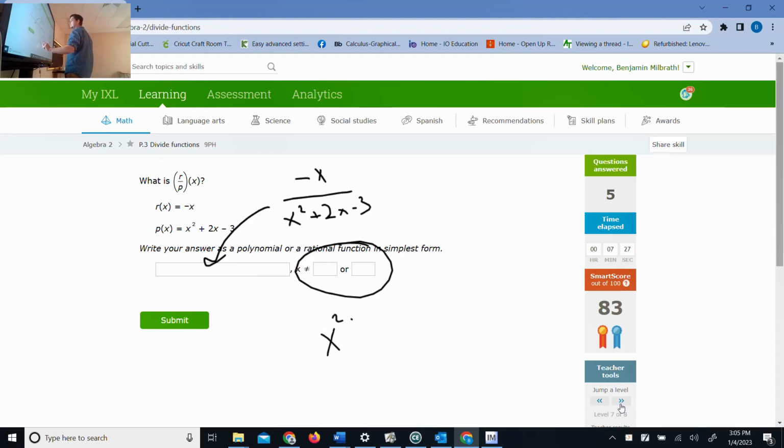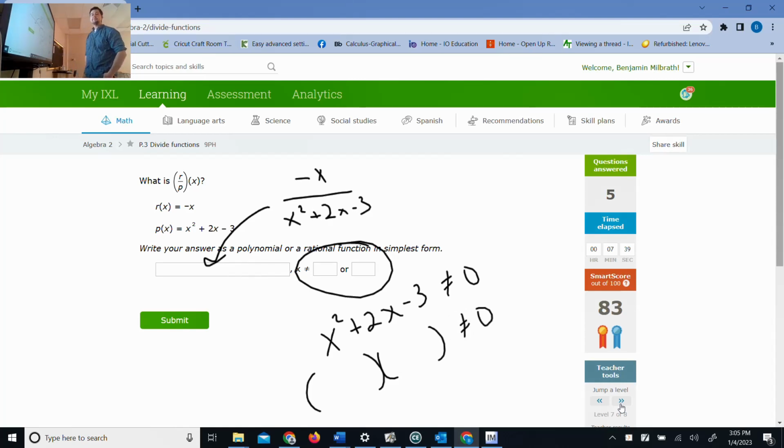But x squared plus 2x minus 3 cannot be 0. We factor using the guess and check technique or whatever technique you've been taught. Some of you watching this may not be my own students. Takes an x and an x to create x squared. Factors of 3 are going to be 1 and 3. To add to that positive 2 in the middle, the 3 is positive and the 1 is negative.